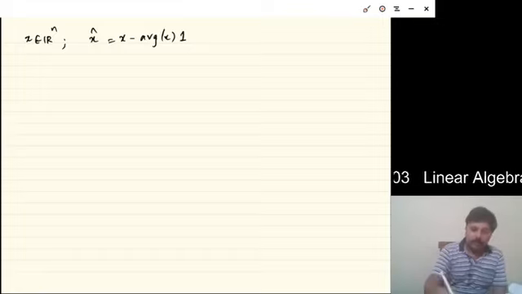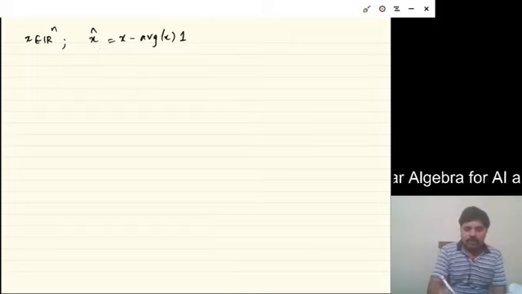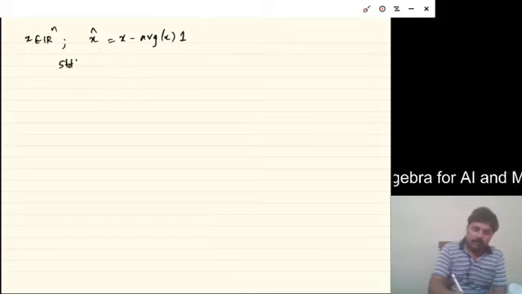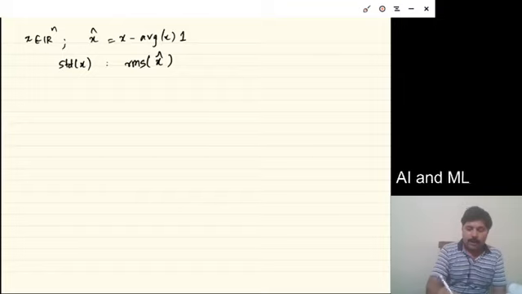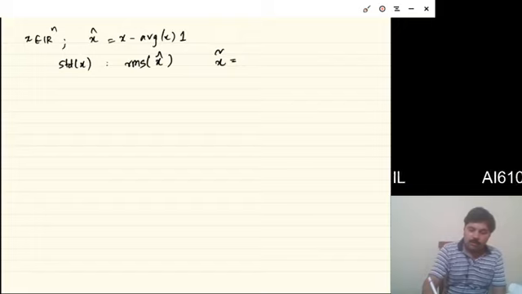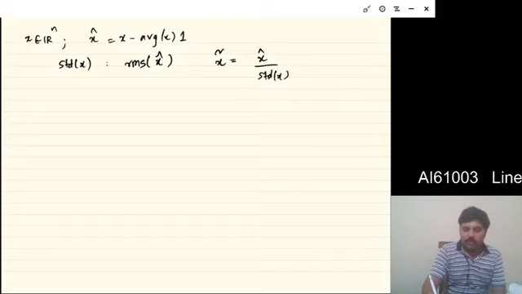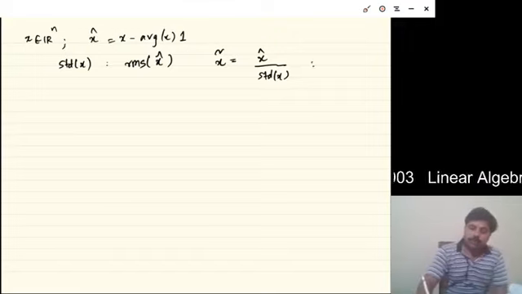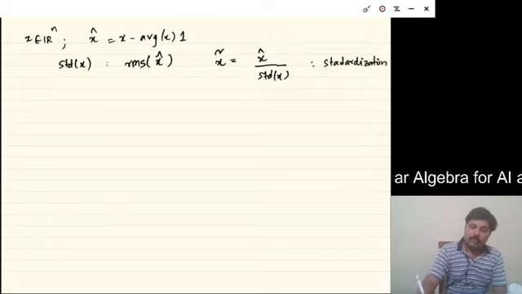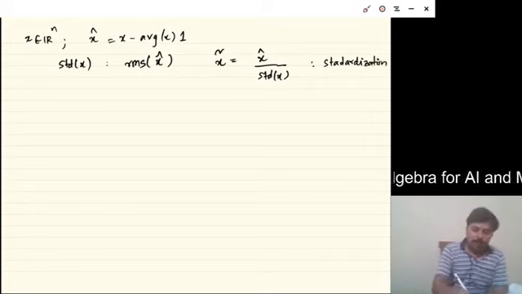So this is demeaning, and then we defined the standard deviation of the vector x as the RMS value of x hat, and we also computed this vector x tilde, which is nothing but x hat divided by the standard deviation of x, right? So this is like a standardization process.